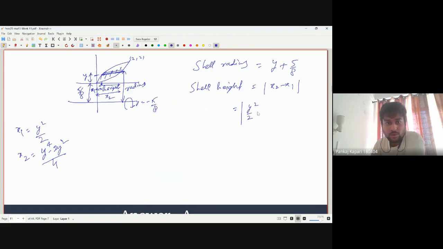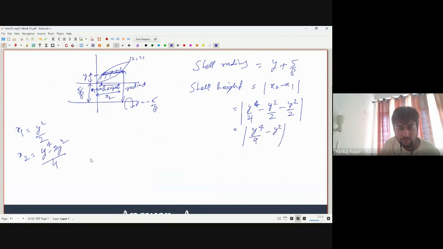So first we are taking x2, so it is y to power 4 minus 2y square divided by 4, which is y to power 4 by 4 minus y square by 2, and then we are again subtracting y square by 2. So this is equal to y to power 4 by 4 minus y square, and then what will be the volume?